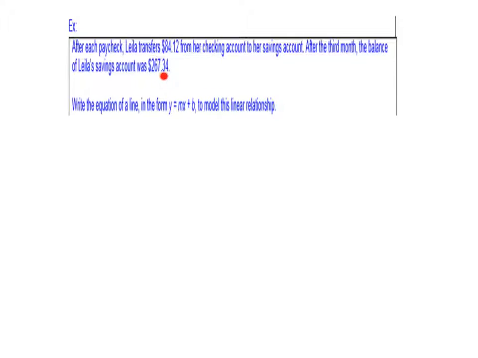I'm more than sure you might want to think, well, maybe the 267.34 will be our Y, and maybe 84.12 will be our slope, and maybe 3 will be our X. Well, let's see if that thought pattern works.